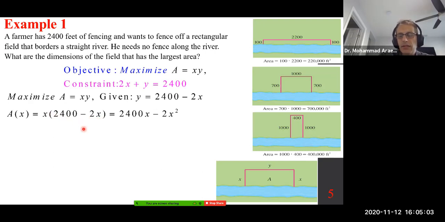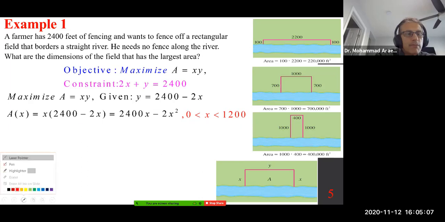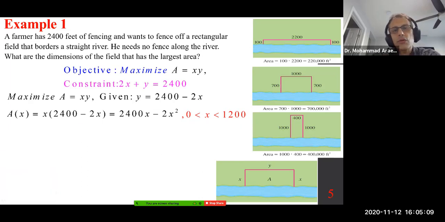You can't have that. Therefore, it gives rise to the domain being from 0 to 1,200. So now you have an open interval of 0 to 1,200.